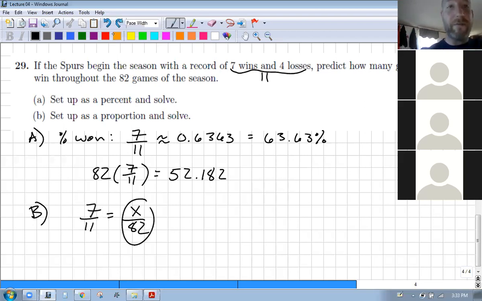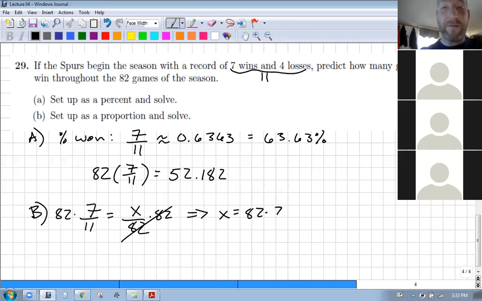So how many out of the whole season? So to get X by itself, multiply both sides by 82. Notice we have X equals 82 times 7 over 11, the exact same thing we had up here, right? So 2 different approaches as far as conceptually, but same answer.